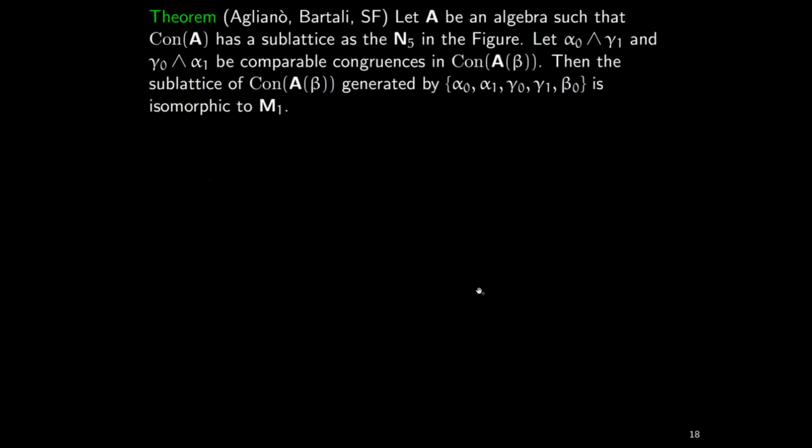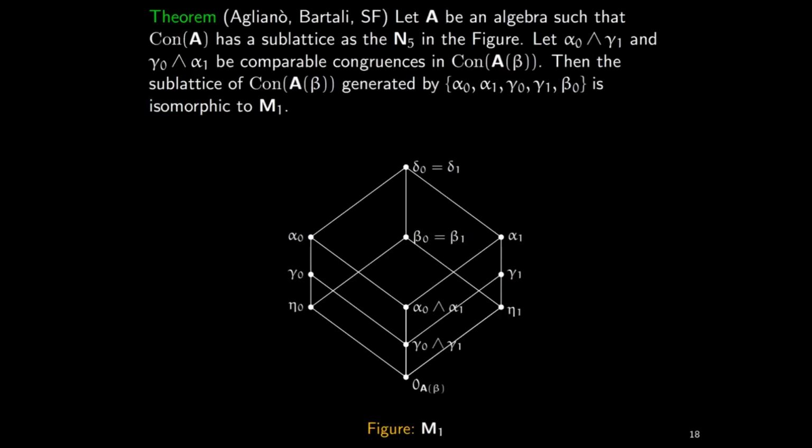In the case they are collapsing, so in the case they are comparable, we discovered that you can prove that the sublattice of Con A of beta generated by these congruences, so you take alpha 0, alpha 1, gamma 0, gamma 1, and beta 0, is this lattice M1.